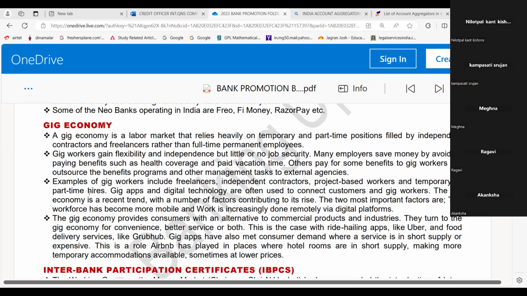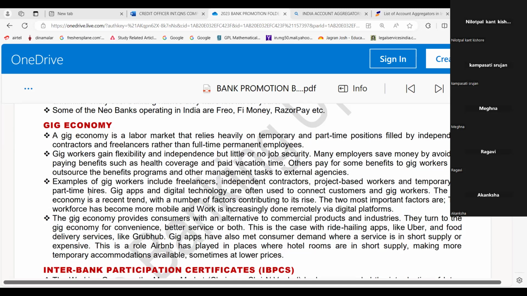The gig economy is a recent trend with a number of factors contributing to its rise. The two most important factors are the workforce has become more mobile and work is increasingly done remotely via digital platforms. The gig economy provides consumers with an alternative to commercial products and industries. They turn to the gig economy for convenience, better service, or both.